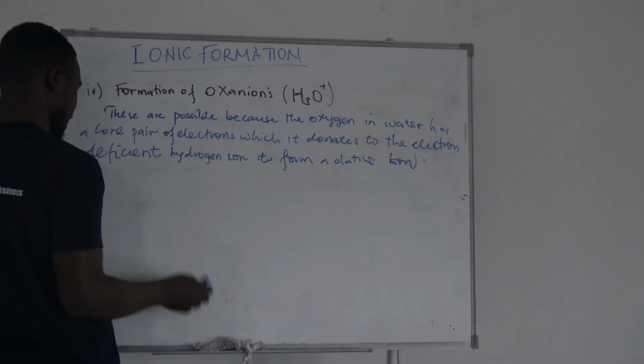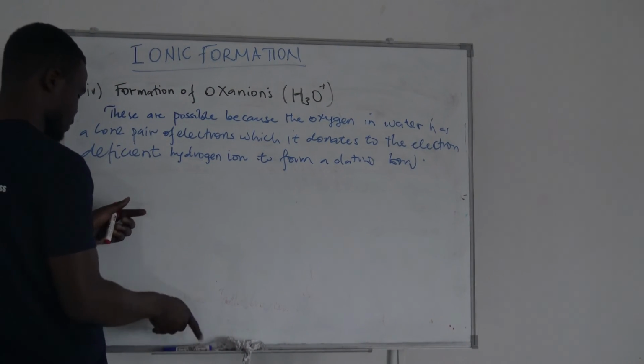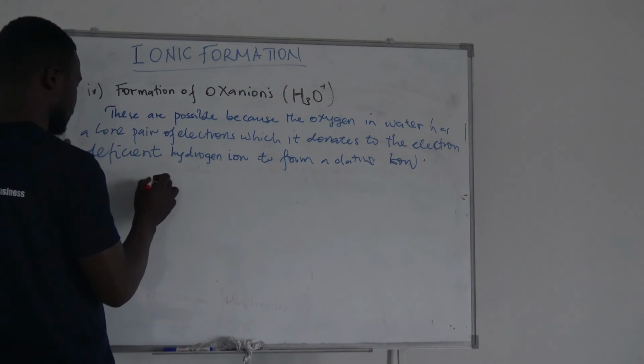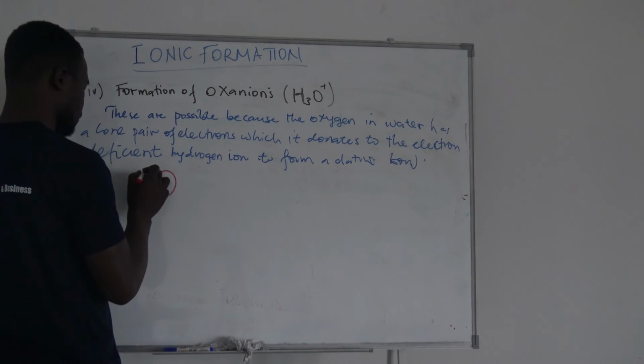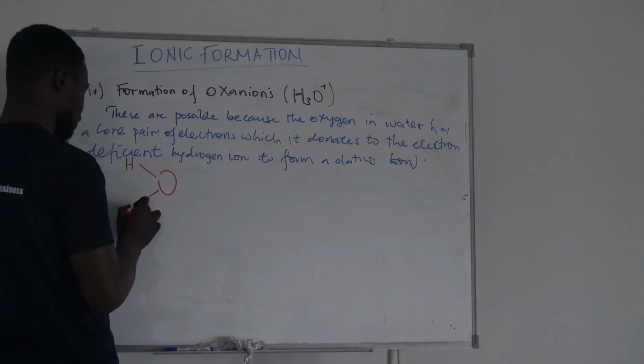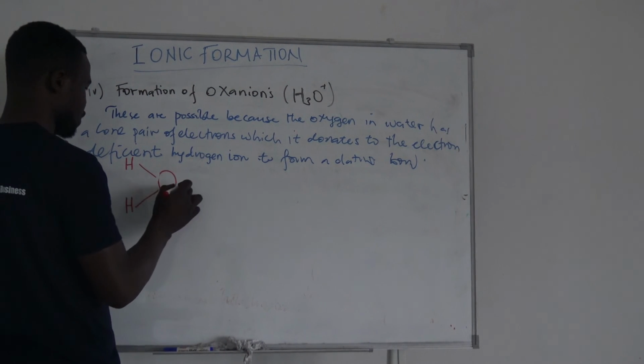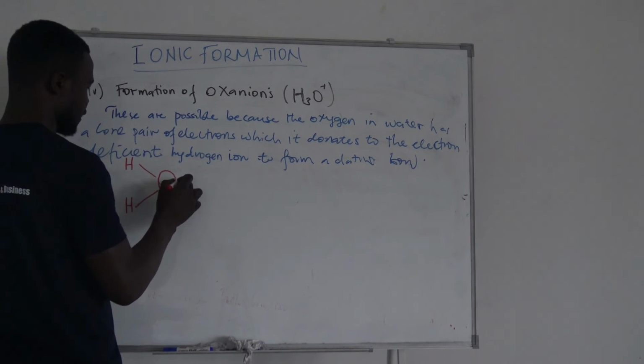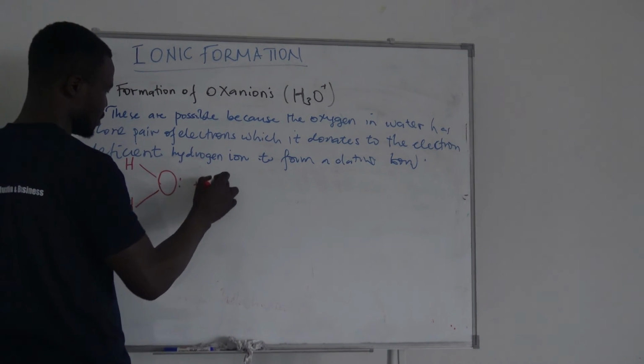If I sketch my water molecule, we should know that the water molecule is V-shaped and has a lone pair of electrons.